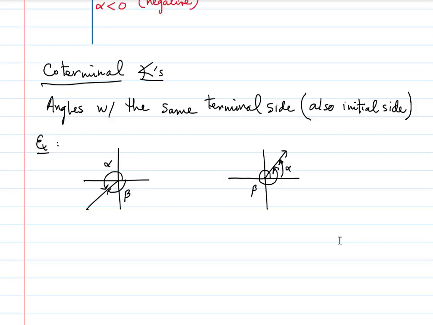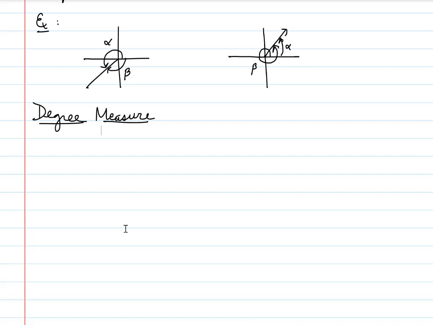Okay, before we start doing some concrete examples with actual numbers, let's go ahead and define the first measure for angles. The degree measure comes from something we've used in the past. We just know it to be a fact because we've been using it over years and centuries: one revolution is 360 degrees.